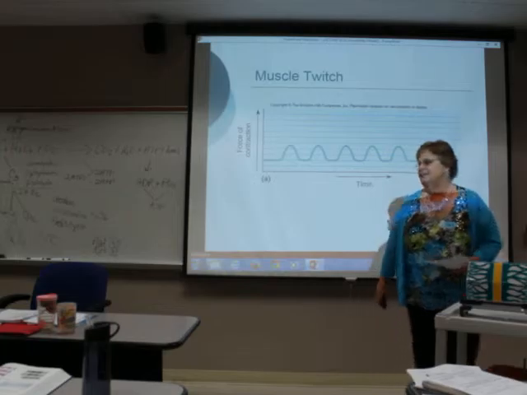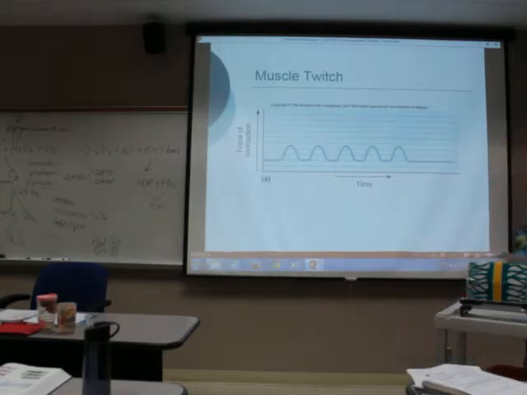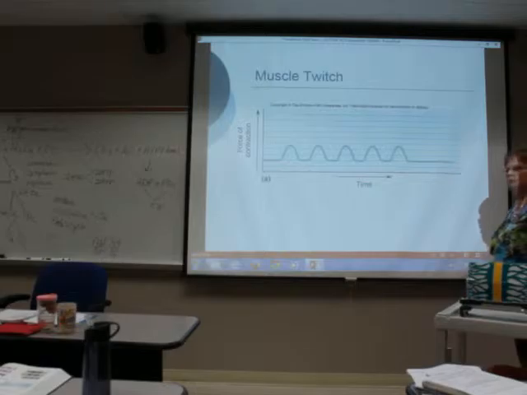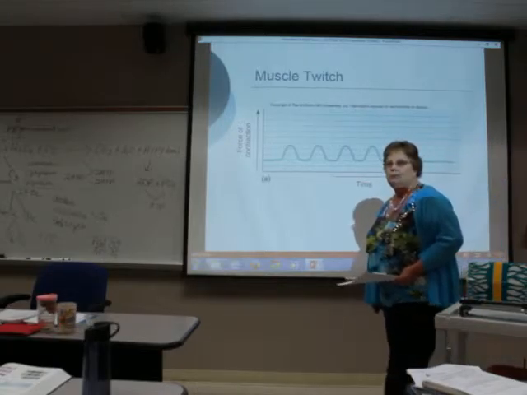Okay, it's divided into 4 periods. And so from the time of stimulus till you see something happen, we call it the latent period. And so you're going to have a flat line that doesn't look like anything's happening. Then you're going to go through contraction, relaxation, and then you've got to have a refractory period. What does the word refract mean? Bend.